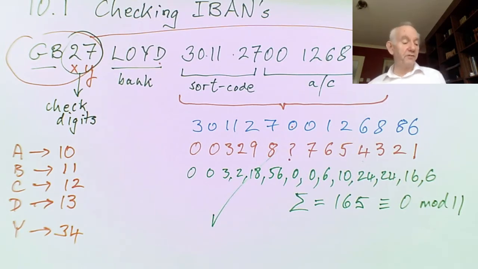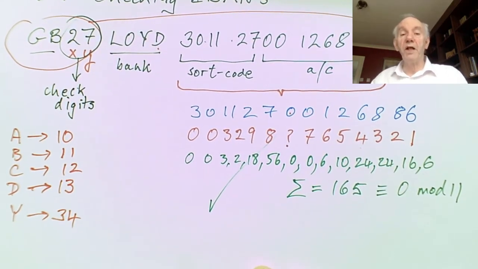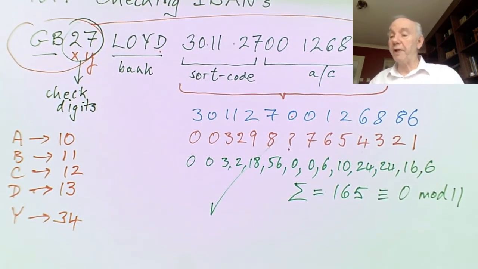So we do both of those steps. We put the first block at the end, and we convert the letters into numbers. So what do we get? We're going to start now with the L. Well, L is the 12th letter normally of the alphabet, so we add 9 to that, that's 21.